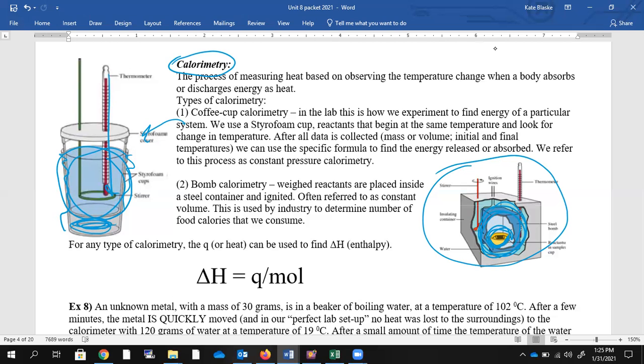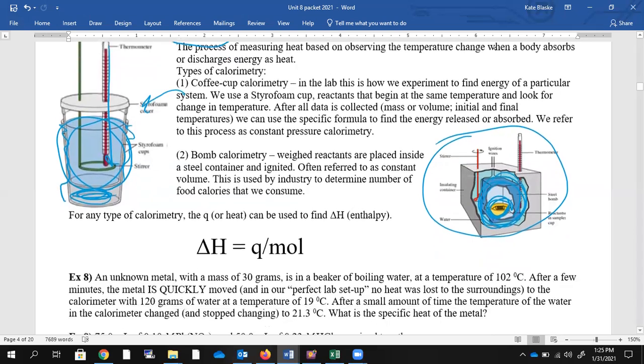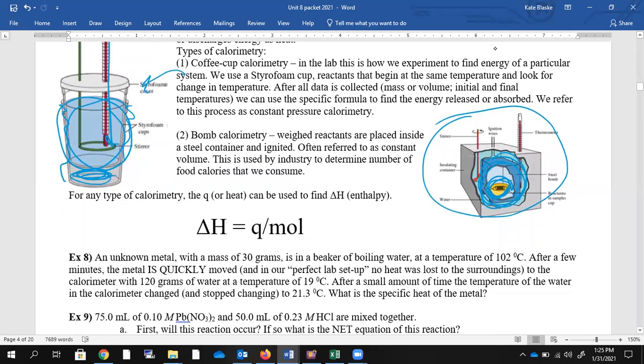Once we know Q, which is the heat of just that substance, we can then transfer that into calculating delta H, or the enthalpy of that reaction or that chemical change, by saying that's how much heat we've used, Q, divided by the number of moles of substance that created that change in heat.